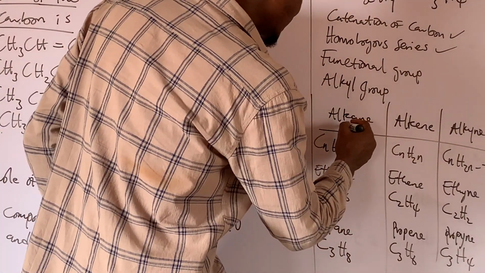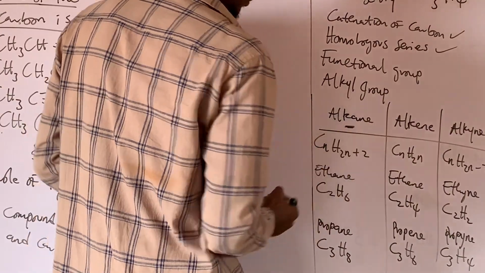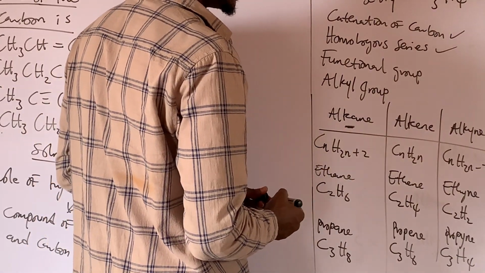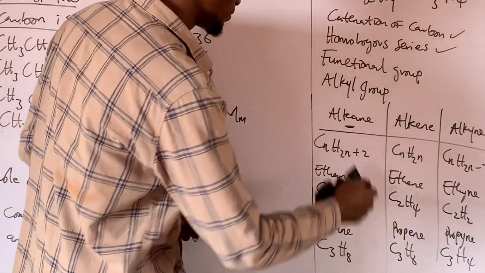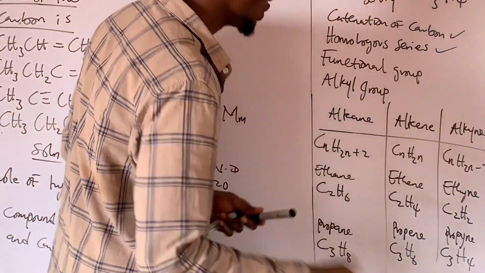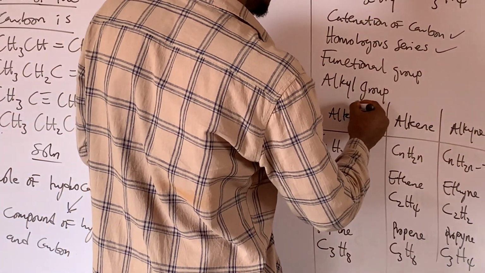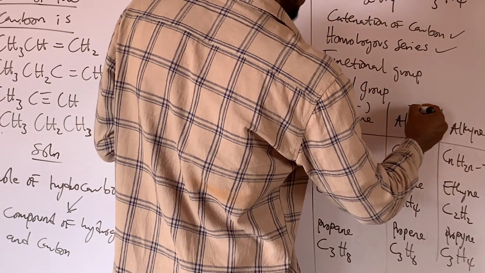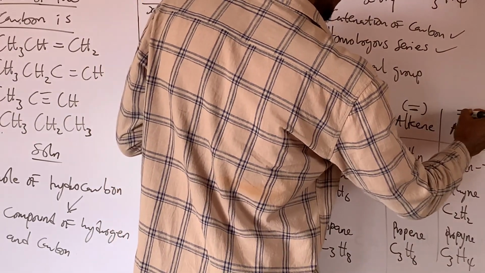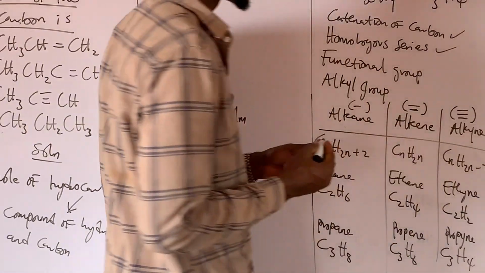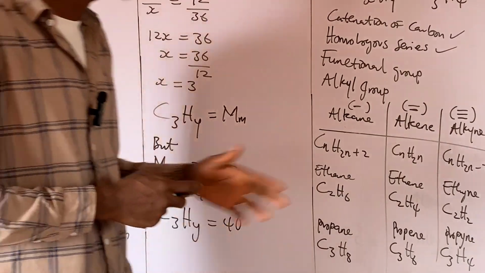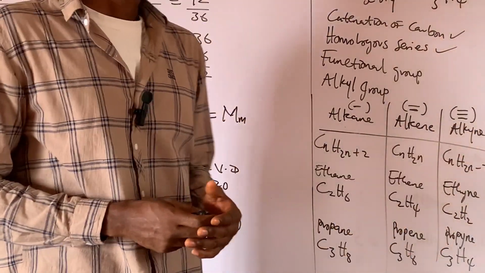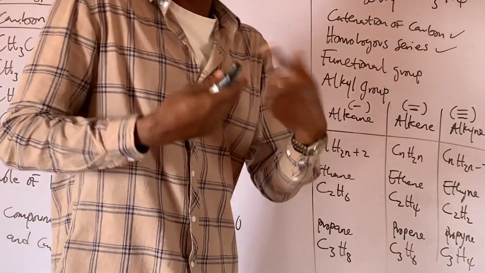Now this one has a single bond. This one has a double bond. This one has a triple bond. Now, that is how you know the functional group. That will bring us to the knowledge of functional group.